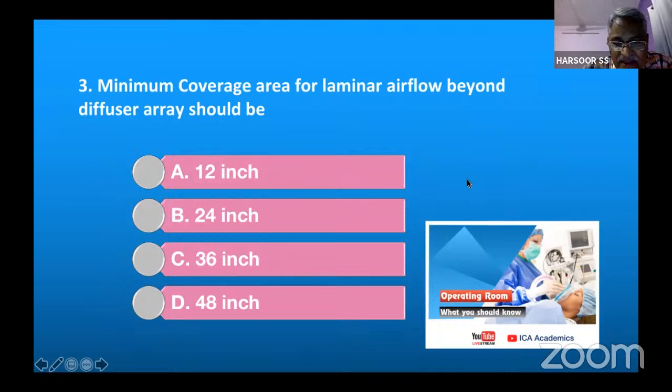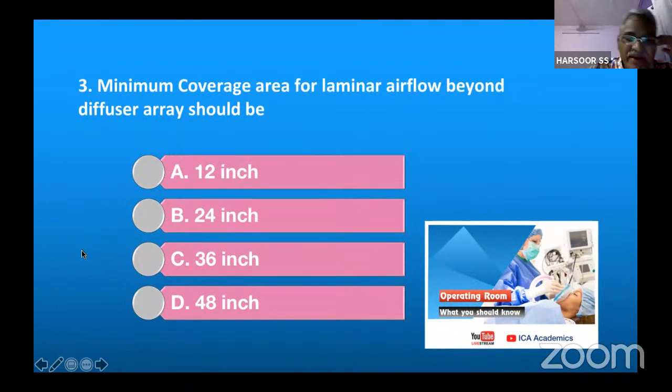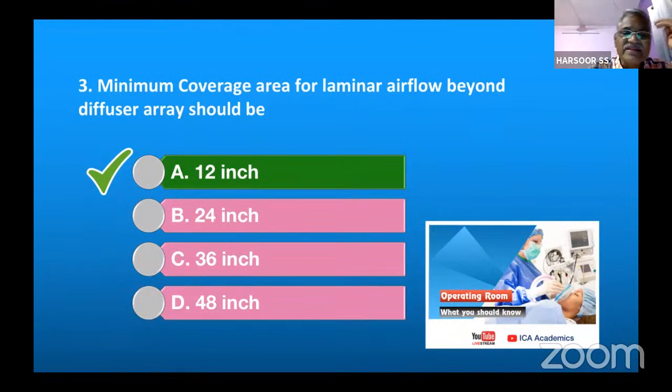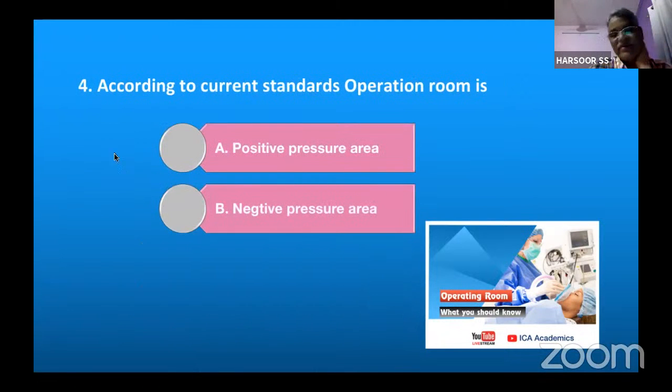Not many are familiar with this particular topic, it looks like, and it's the responsibility of Dr. Amit Shah to clarify this. The right answer for this is option A, that is 12 inches. How and all, we are going to let you know during the course of the talk.